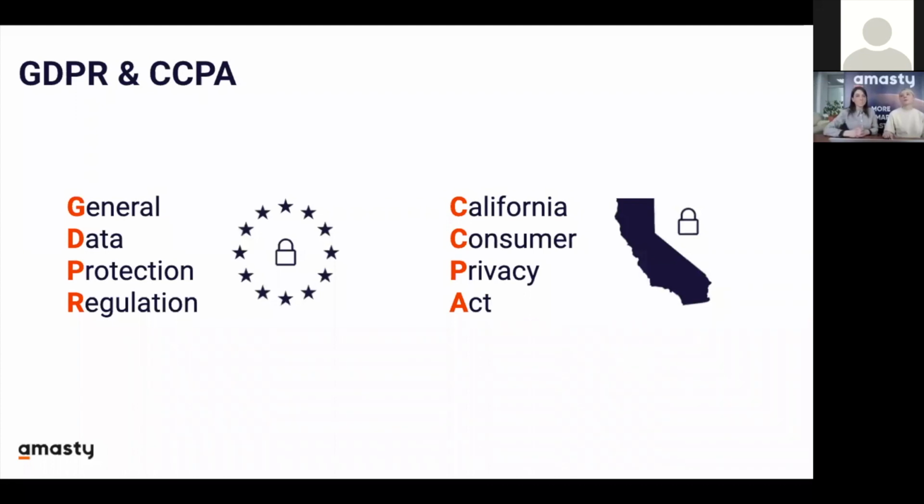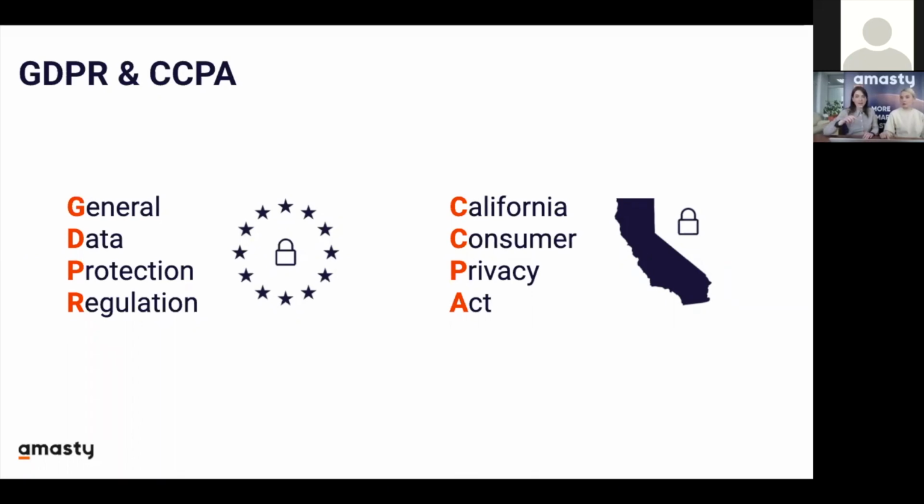So here it's important to say that this regulation, the CCPA, applies to all companies that serve Californian residents. Well, not all the companies, but only those that satisfy at least one of the following three criteria. The first one is to make $25 million or more in annual gross revenues.